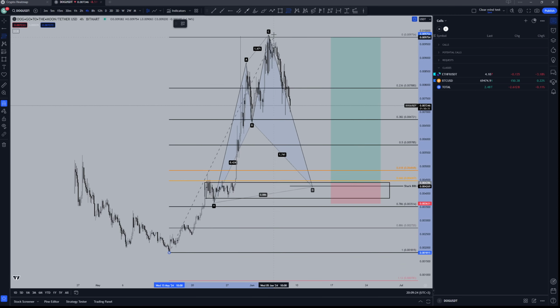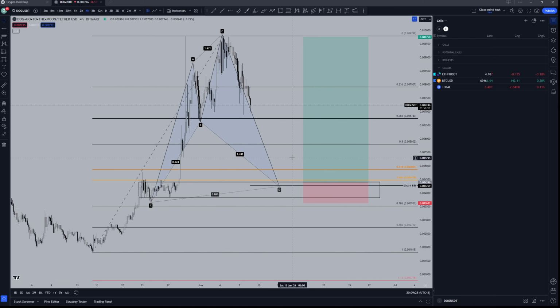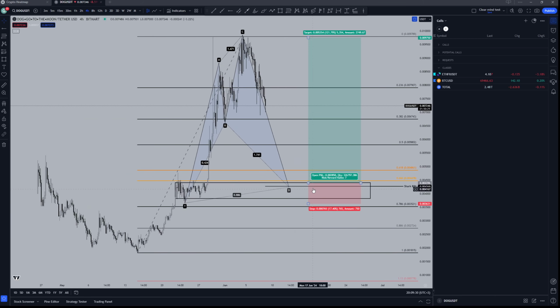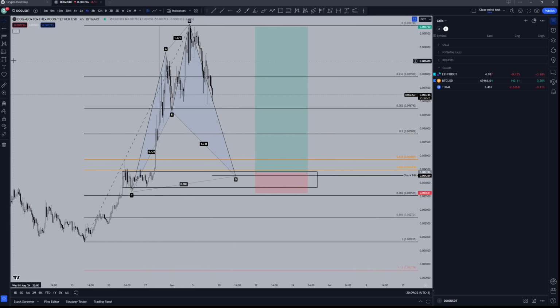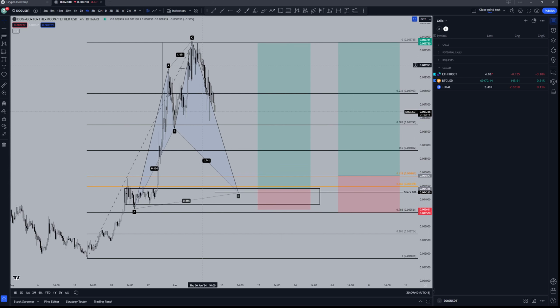Probably aligns with a fib like this as well. Your golden pocket is right above it, so you might get front ran. So you can take it like this on the demand zone, or if you really want to get in and you're afraid it's going to front run you, you can take it with a wider stop and a DCA instead. You would just take a DCA up here.